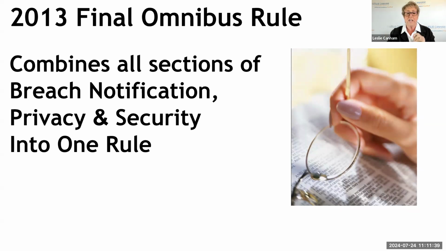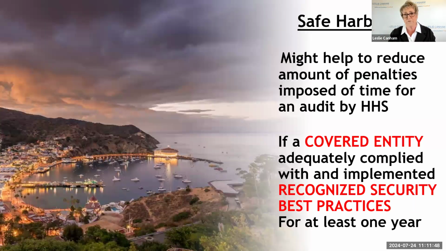There's been another addition to the HIPAA requirements from Health and Human Services. They added something called the Safe Harbor Rule. The Safe Harbor Rule is in place to say, hey, this might help to reduce the amount of penalties that are imposed and maybe the time that is taken for an audit by HHS.